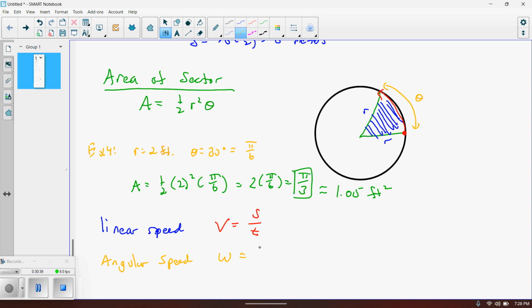And the formula for that is theta divided by time. So if you think about what that is, theta itself is how the angle is changing. So I'm going to go inside now and say that this part right here is your angle and how the angle is changing over that time. So that is what is called angular speed.